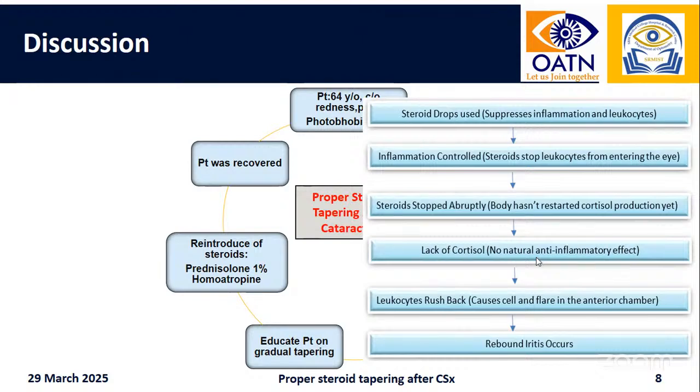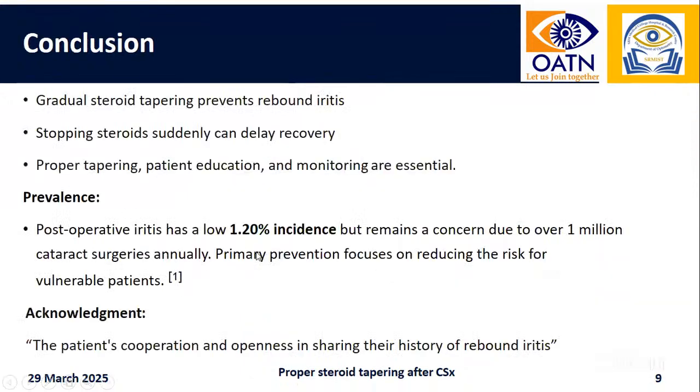So there will be a lack of cortisol, the natural steroid. Then the leukocytes will come again, and it bounces back and produces rebound iritis. This is one of the complications after cataract surgery. So the patient was educated and steroids were reintroduced, and the patient completely recovered in our case.